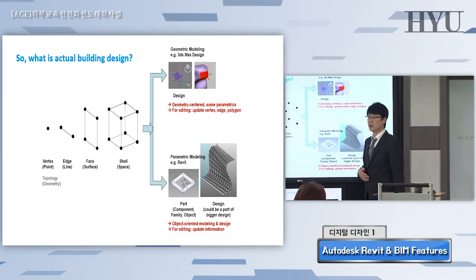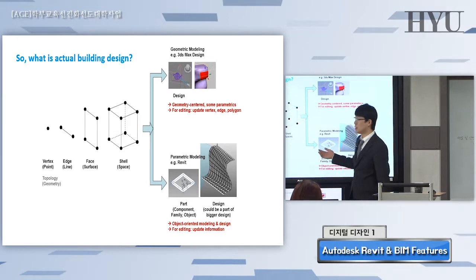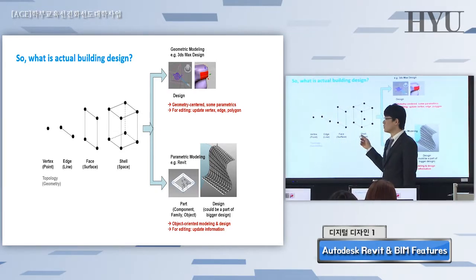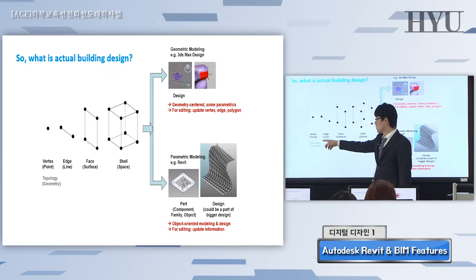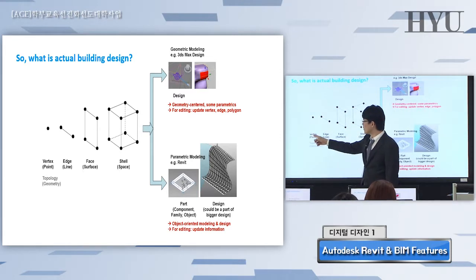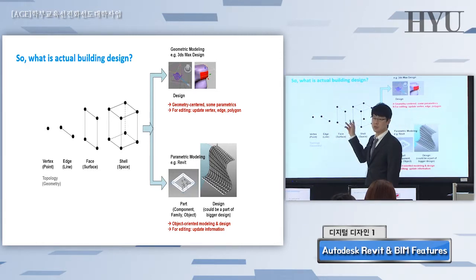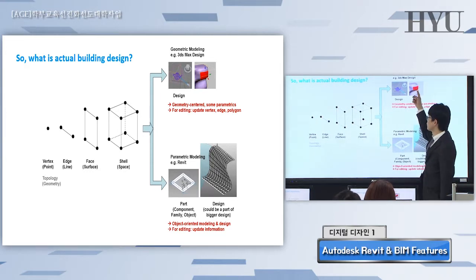So far, until last semester, in my classroom, we handled geometry. This is a geometry term, okay? Point, line, surface, shell. And the topological terms are here: vertex, edge, face, shell. And we are dealing with such geometric subcomponents for making your design, okay?